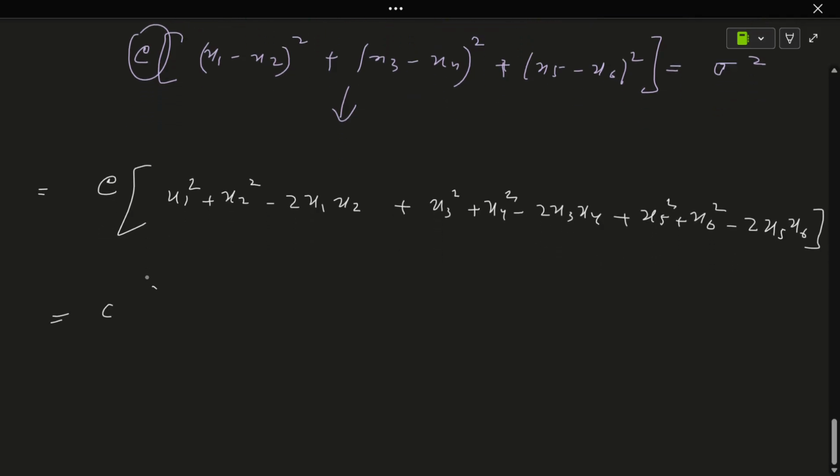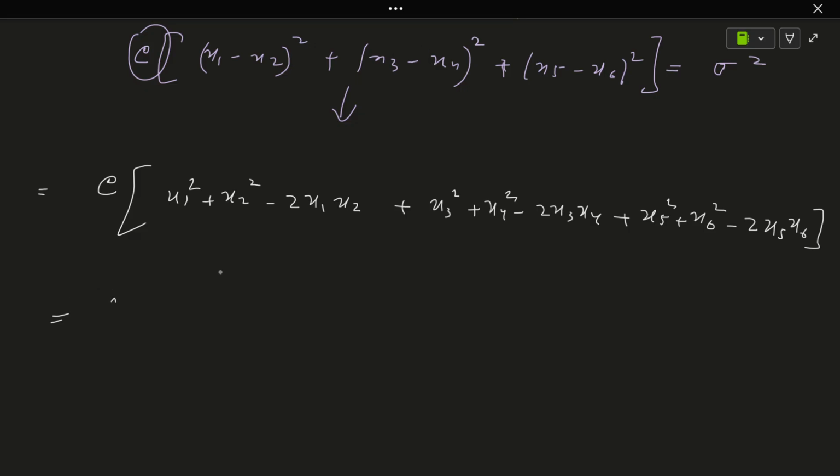So this is equal to C. Now do one thing. Let's write expected value of this whole term, where C is constant.